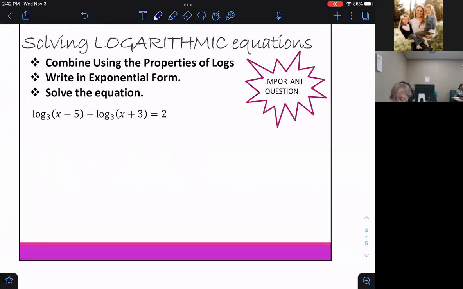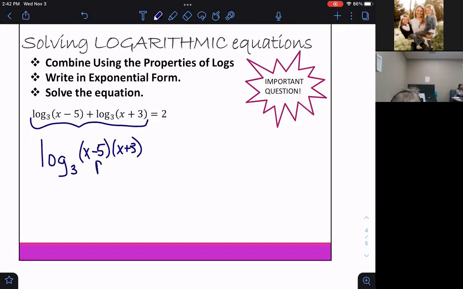So just like the last one, it is 2 logs on the left-hand side combined with an addition sign in the middle. So to combine these two into 1 log, we need to multiply the x minus 5 times the x plus 3.